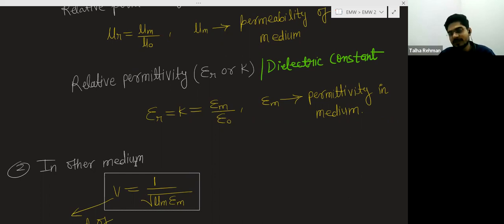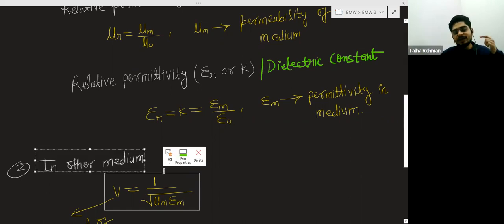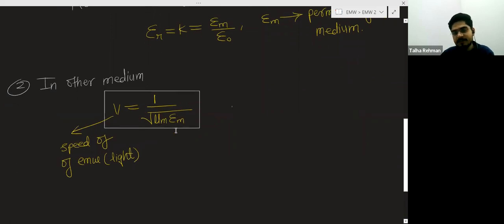So what is light? Light is an electromagnetic wave. So we are discussing the speed of electromagnetic wave in another medium. In another medium the speed of the electromagnetic wave is given by 1 divided by the square root of the permeability of that medium multiplied by the permittivity of that medium.